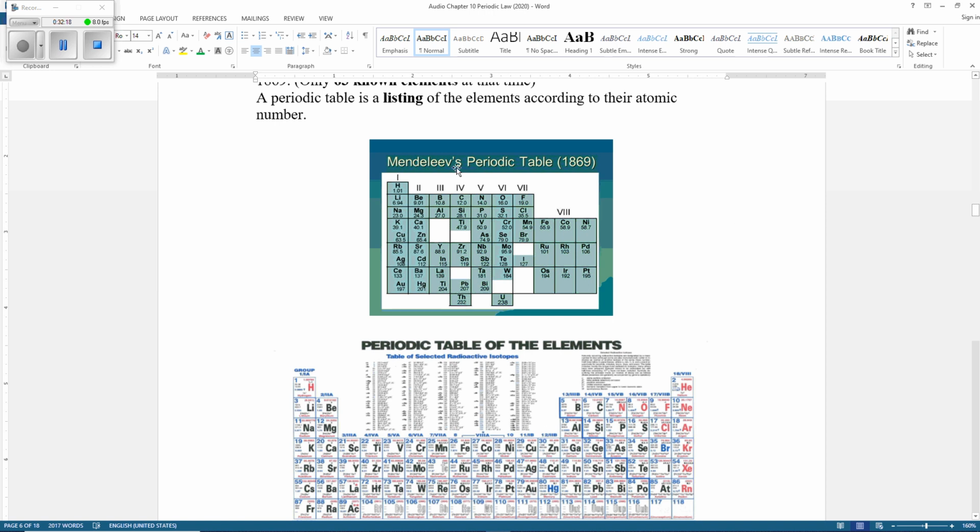So Mendeleev arranged the elements this way. Start from metal to non-metal, from very active metal changing until the last one gives you a very inactive non-metal. Then a new period again from very active metal to very inactive non-metal, by atomic number 1, 2, 3, 4.